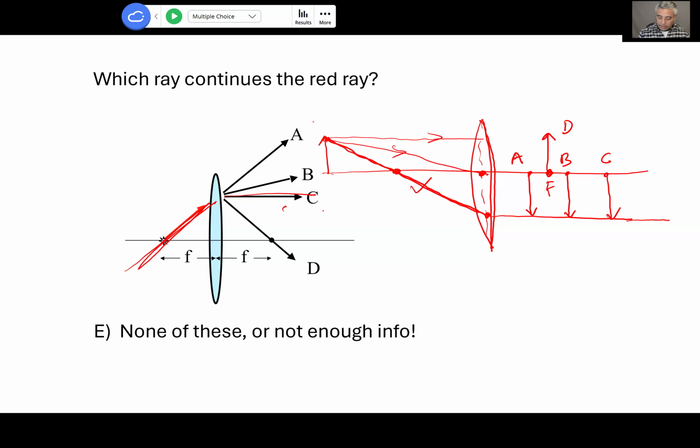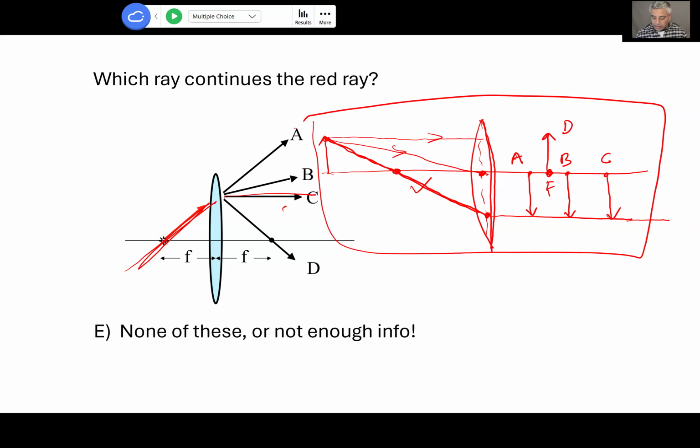So which one do you think is the position of the image? Close, of course, okay? So did you get the question? Okay, where would the image be in this case?